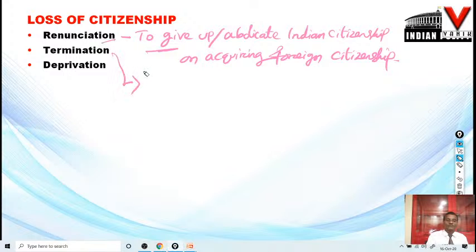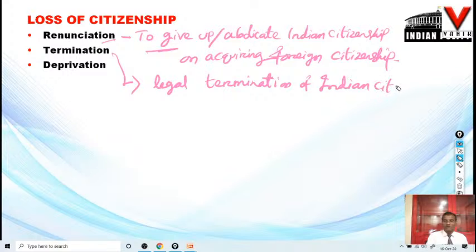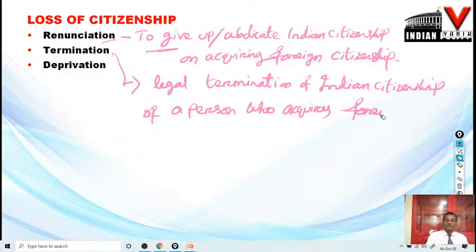Then termination, that is legal termination of Indian citizenship of a person who acquires foreign citizenship. So renunciation and termination both are the same. They are positive things. Termination happens automatically if the person does not give up.